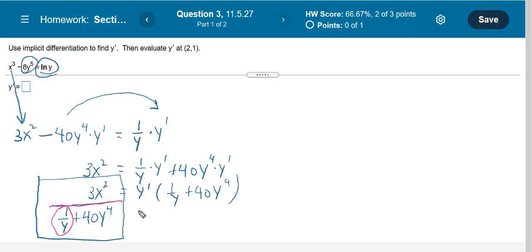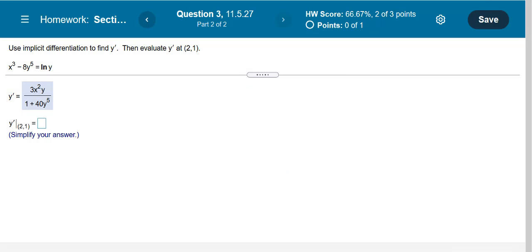So the top then, when we multiply top and bottom by y, that would come out to be 3x squared y, and the y times 1 over y would give a 1, and y times 40y to the 4th would be 40y to the 5th. So that also will require less hassle on the typing.